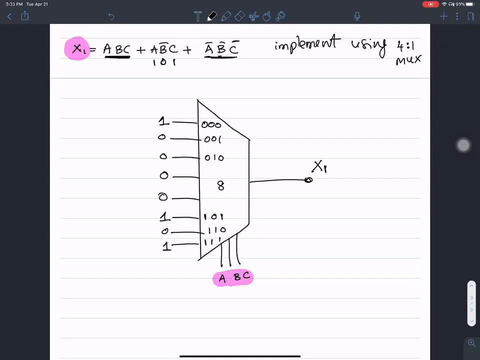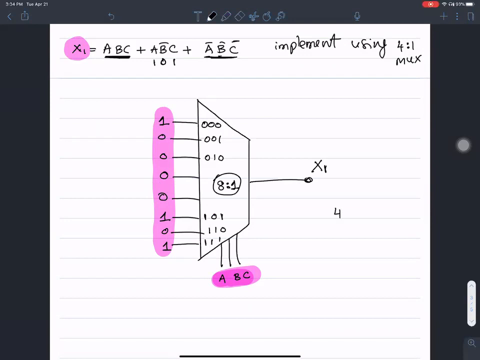So you can implement this using an 8 to 1 mux. All of this is nothing but the truth table output, and this is nothing but the input variables. So this is a different representation of the truth table itself.